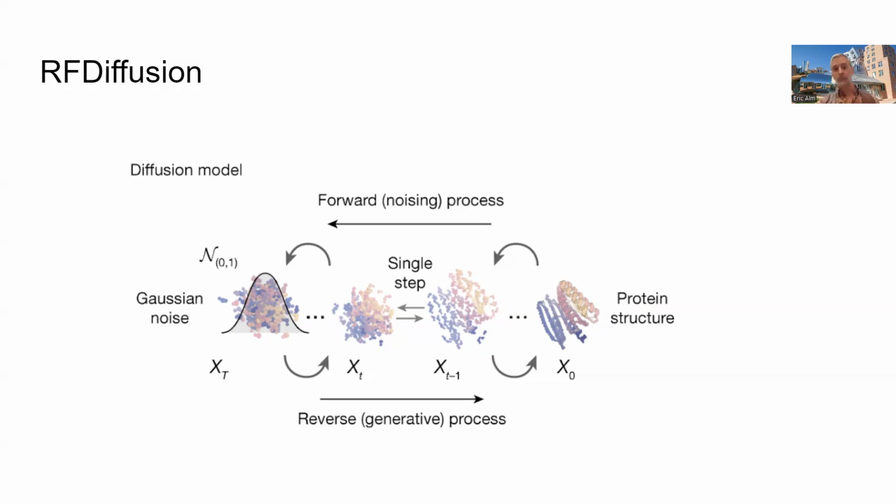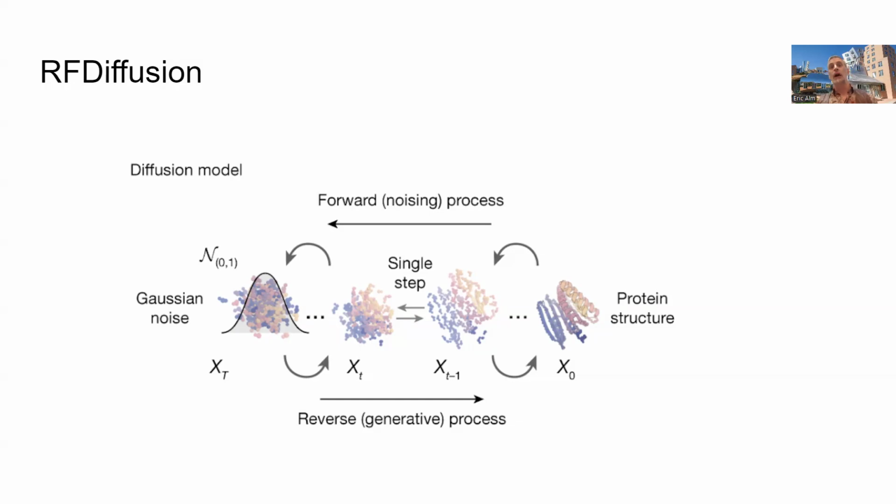Okay, and then they learn a model that helps to undo that. You can put new noise into the model. It's very easy to generate noise. We know how to do that. And so you can start from a different starting point and denoise it into a different protein structure.